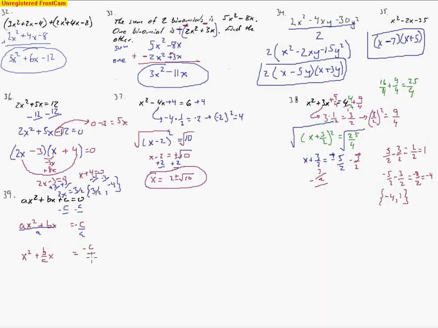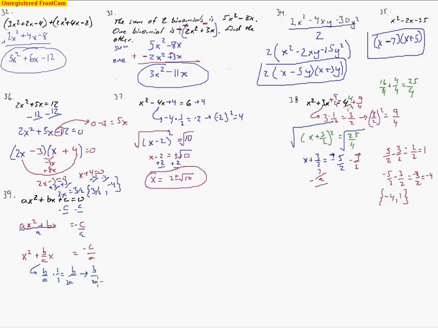And so from this point, now we're going to do some work with that b over a. We're going to figure out what it is we have to add to both sides. So what we do is we take that b over a, just like we did with the 3 here, we multiply it by 1/2. And we have b over 2a now. Well, we're going to take that b over 2a and we're going to square it.